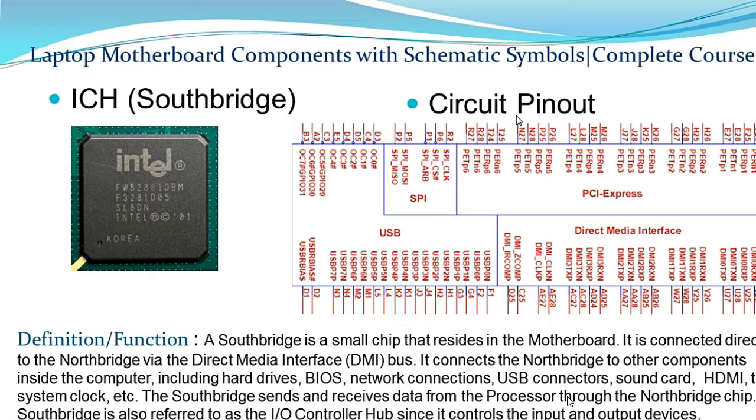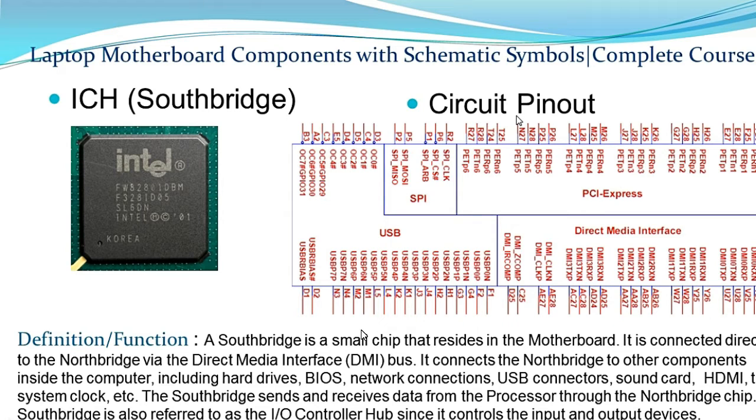So it receives data and control signals from the processor, but through the north bridge, because the north bridge is the chipset that is connected directly to the processor. So the south bridge is also referred to as the input-output control hub. That's why we call it ICH, input-output control hub, since it controls the input and output devices.